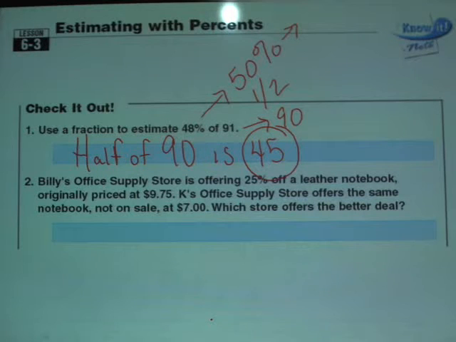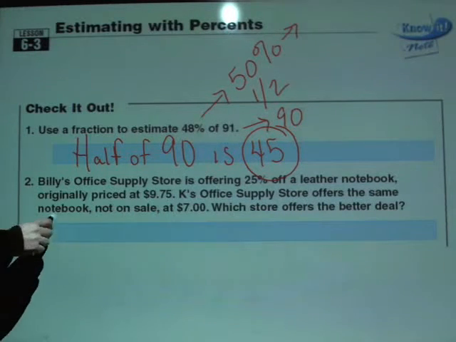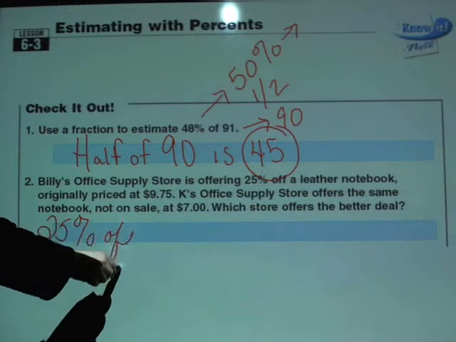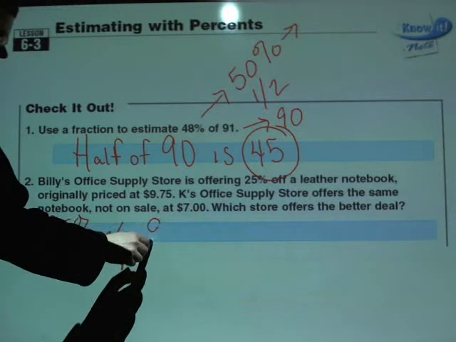Obviously that means we have to do the computation to figure out what we're going to spend at Billy's. Since Kay's price is flat, no discount or anything, I don't really have to do anything there, but I do need to make a comparison to it. So if we're talking about 25% off a leather notebook, we're talking 25% off of $9.75.